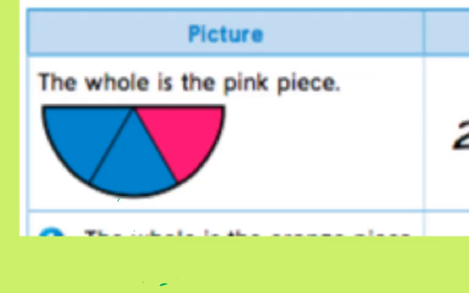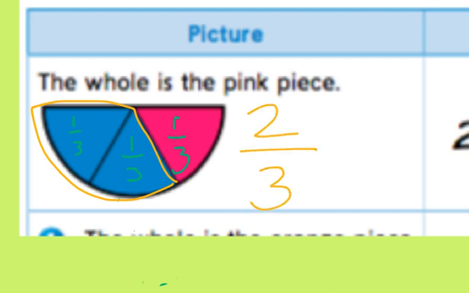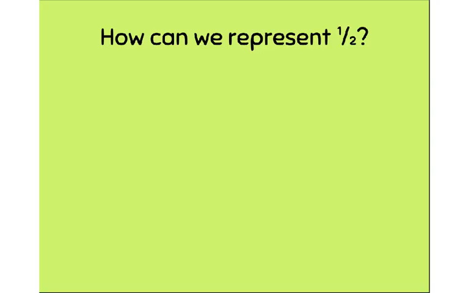Let me try and zoom in. Okay, now that we can see it really close, I could label each piece as 1/3, this is 1/3, and this is 1/3. Each piece is considered 1/3, but then if I take these 2 of the 3, then I have 2 of the thirds. We could write it that way.